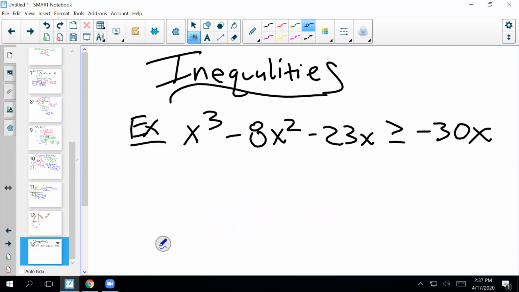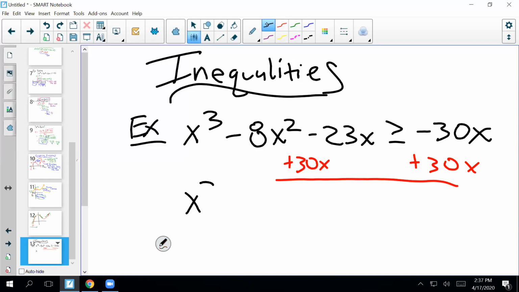Okay, so let's solve this like an equation. The first step is to set it equal to 0. I'm just going to add 30 to both sides. We get x cubed minus 8x squared. In case I'm not reading my own handwriting, this is supposed to be no x here.